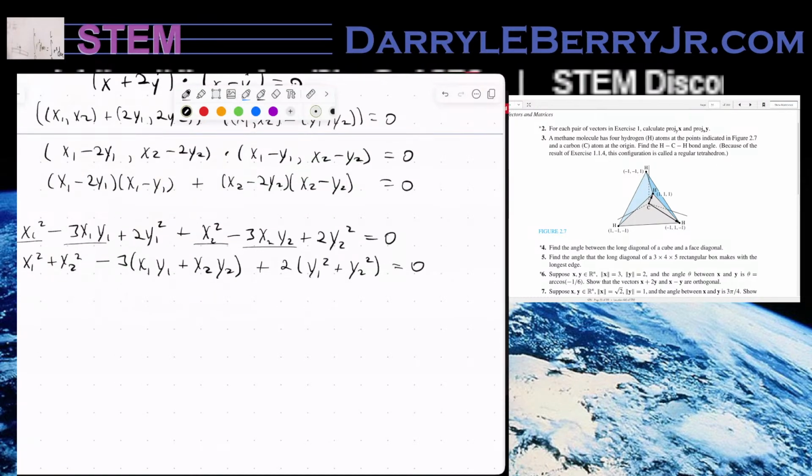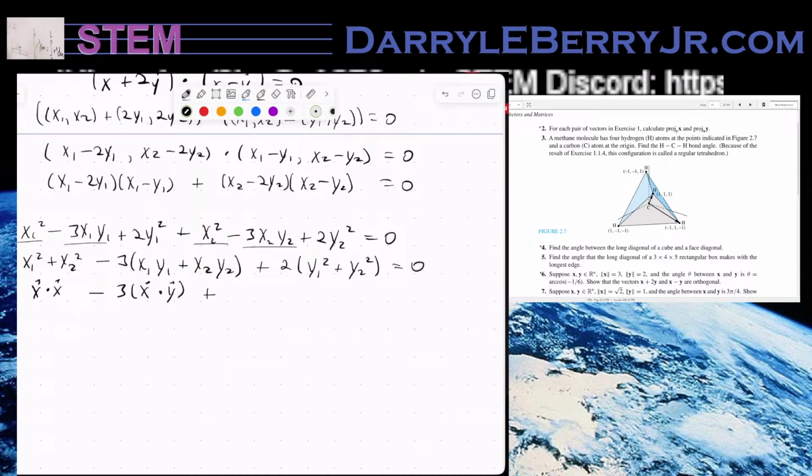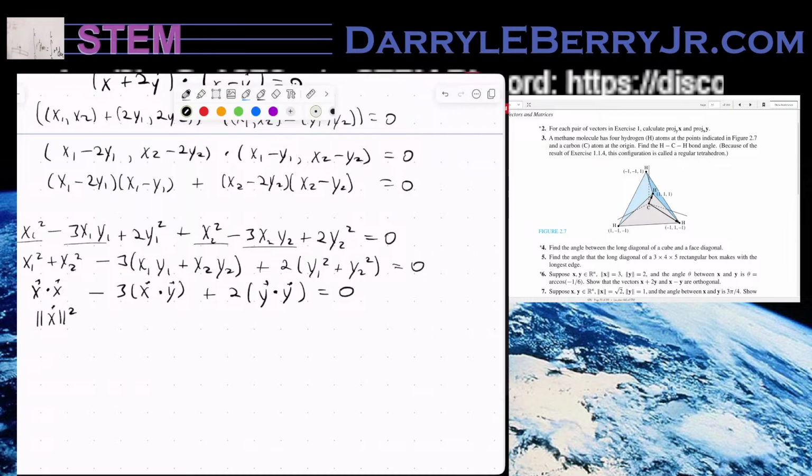So x1 squared plus x2 squared, that's x dot x, minus 3x dot y plus 2y dot y equals 0.